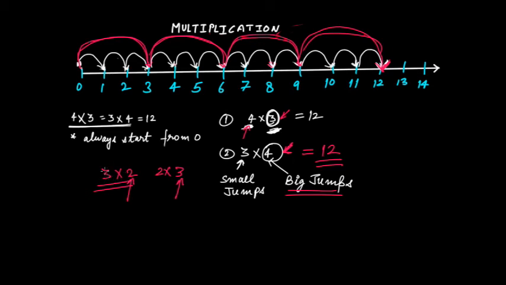So if I draw this, 1, 2, 3, and therefore one big jump is up to here, right? Then again one more 3: 1, 2, and 3, and this is the final big jump in the case of 3 multiplied by 2, right? And the answer you got is 6. So I hope that makes some sense to you.